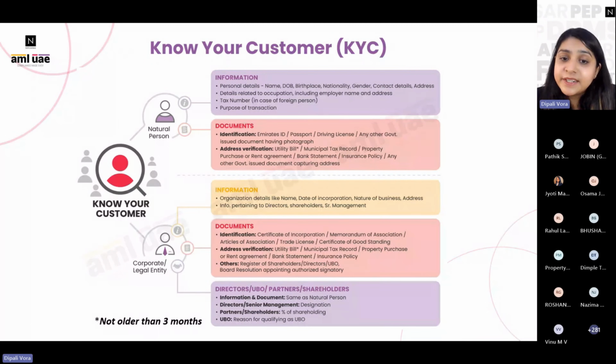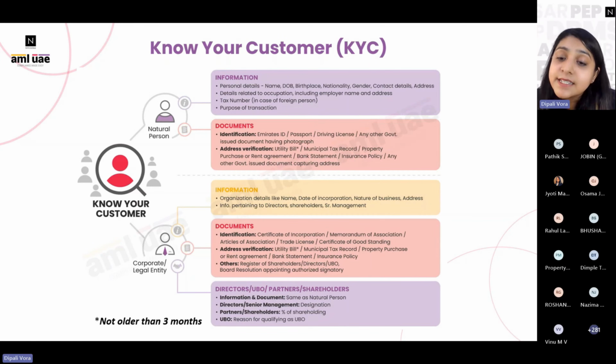The next requirement is a certificate of incorporation or trade license copy. In UAE, if you are dealing with local companies, most of them would have a trade license copy. But in case you are dealing with a foreign company, there is a possibility that you might get a certificate of incorporation, and trade license is not a concept there. Certificate of incorporation proves that the company is in existence. In such cases, you can ask for a certificate of good standing.